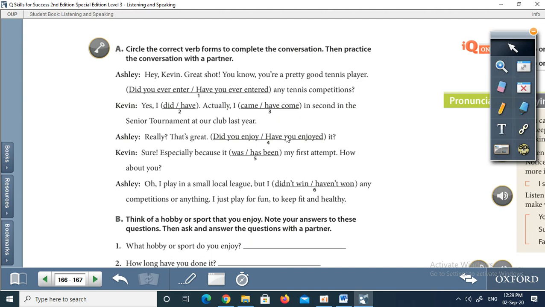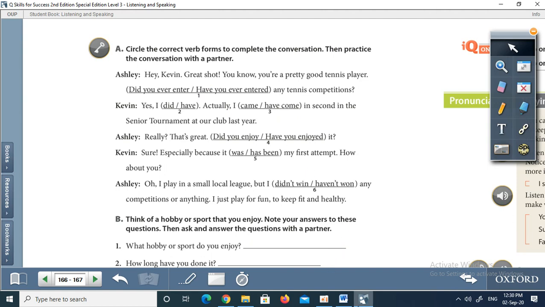What I want you to do is read through the passage, and on each occasion you need to circle which is the correct option.